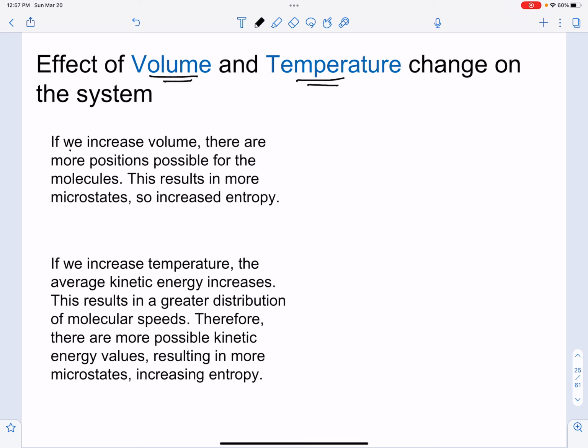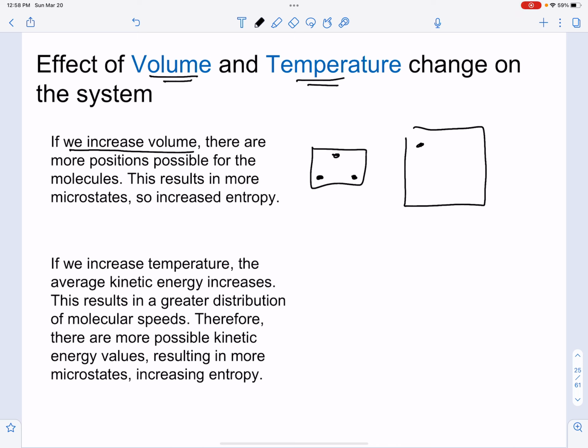So if we have something like this with three particles, the most probable would probably be a distribution like this, as far away as possible from each other, and so on. But if we increase the volume, now the probabilities can be so many different. It could be like that.